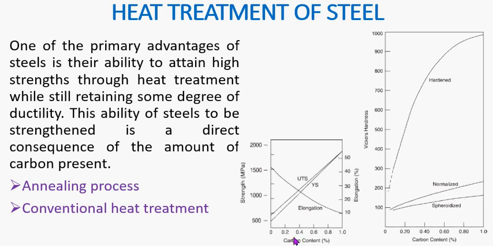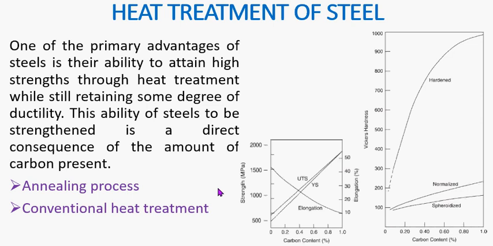So carbon content increases strength, but negatively affects ductility, which is the elongation here. Also in terms of hardness, because strength and hardness go together, as the carbon content is increased, we can see an increase in the hardness for all these three curves.